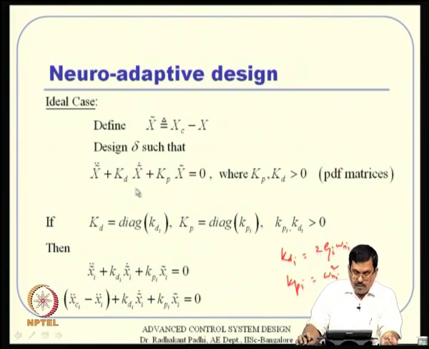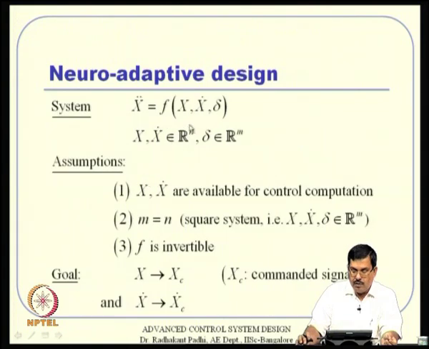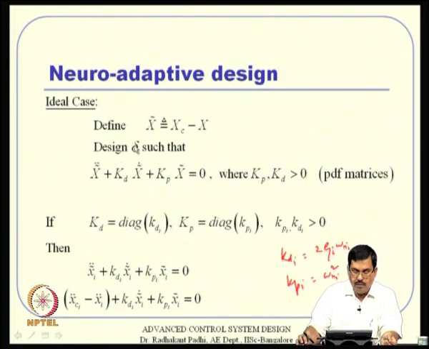Anyway, coming back, if you select this error dynamics, and you know this system function exactly, then what do you do? We want to design delta so that this error equation is satisfied. Let us say this is the ith element equation, and I can expand it that way.